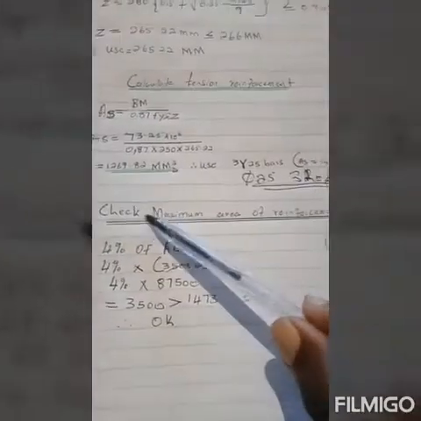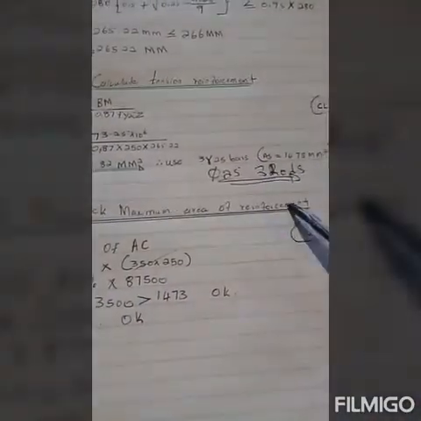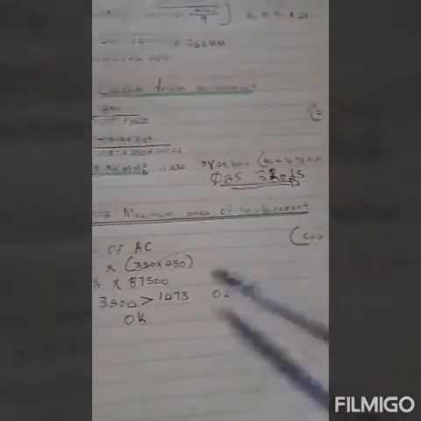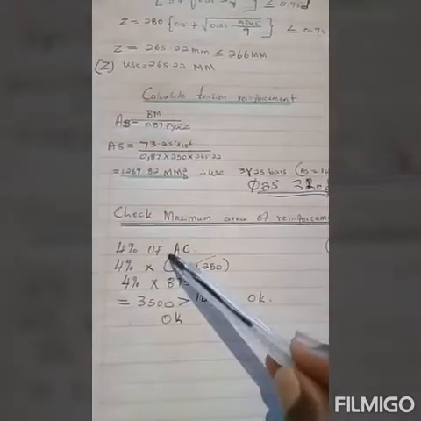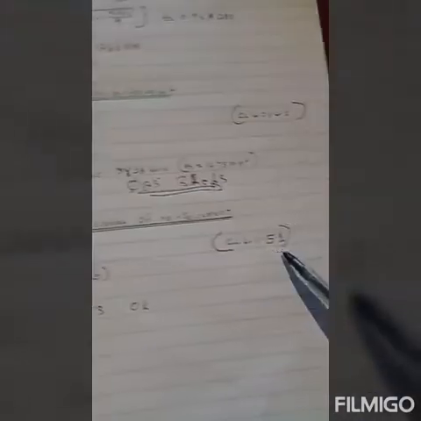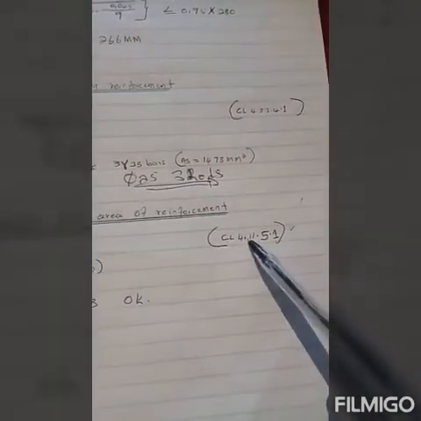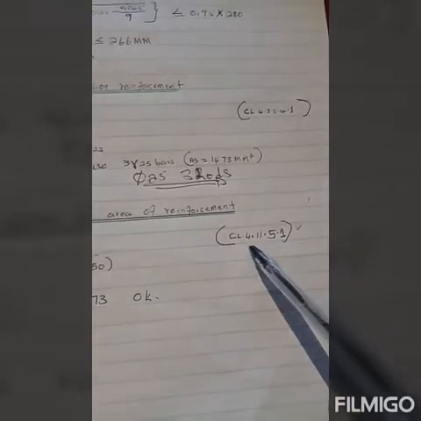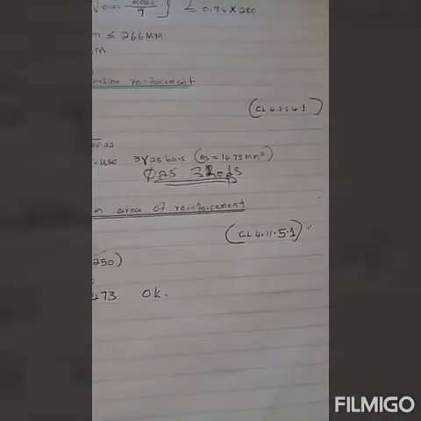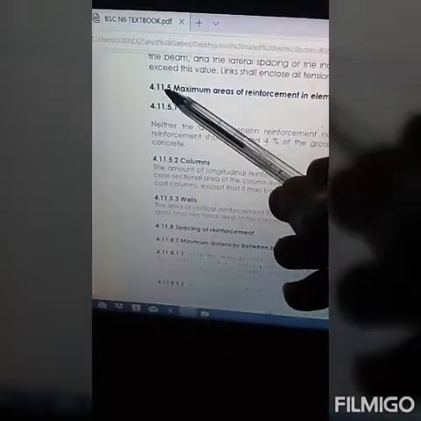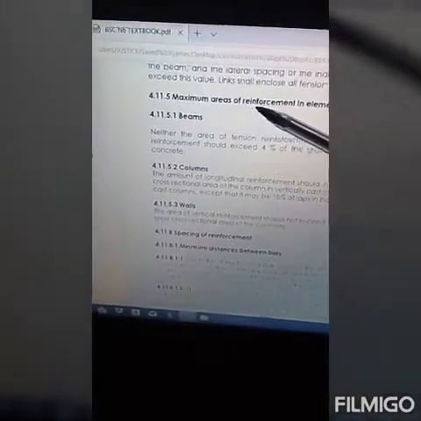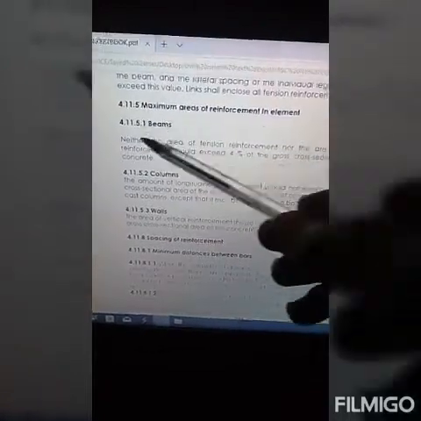So now we are going to check the maximum area of reinforcement. For us to get this formula, it's the 4% of area of concrete. We are going to check it on clause 4.11.5.1. Clause 4.11.5 is for maximum area of reinforcement in element.